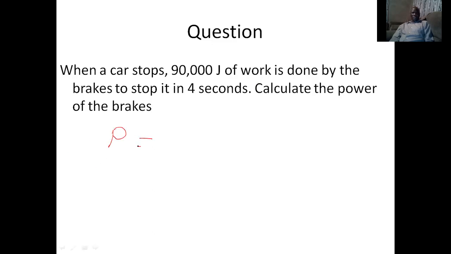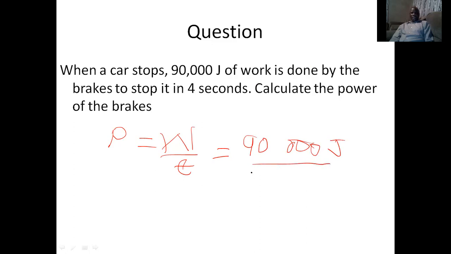So power is equal to work over time, which is equal to 90,000 joules divided by 4 seconds, which actually gives us 22,500 watts.